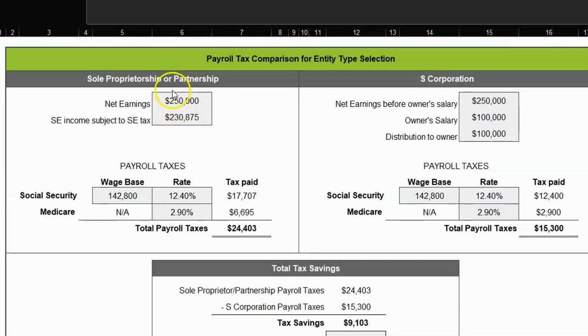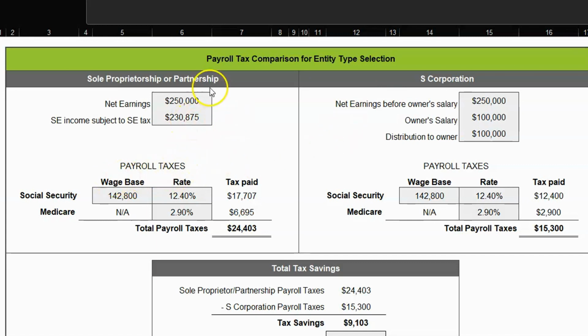Each owner, just say there are two owners here, each one's going to get a tax form called a K-1, and that's going to show their portion of the profit, their portion of this $250,000. Similar with the S-Corp here. The owners are going to get a K-1 from the S-Corp showing what the profit is, and then they put that on their personal return, and that's how they calculate the tax.